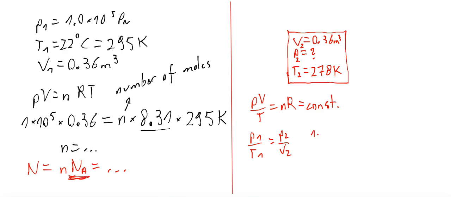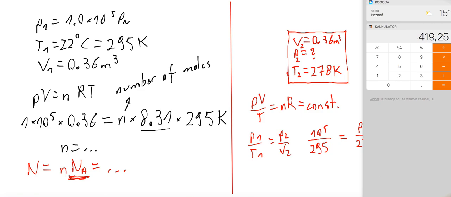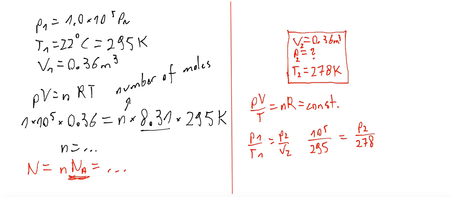So old pressure, 10 to the power of 5, over old temperature, 295 kelvins, is equal to the new pressure, which is unknown, over the new temperature, which is 278. So all you have to do is to find it. It will be less. So 278 divided by 295 times 10 to the power of 5 is 0.94. So the new pressure is 0.94 times 10 to the power of 5 pascals.